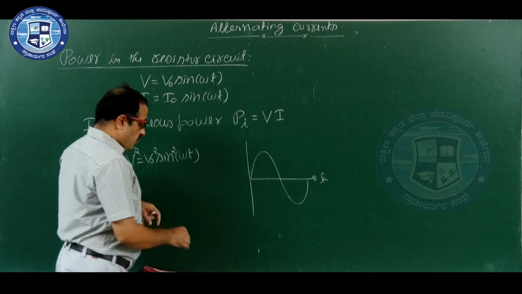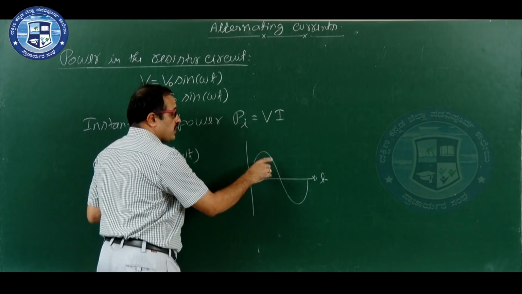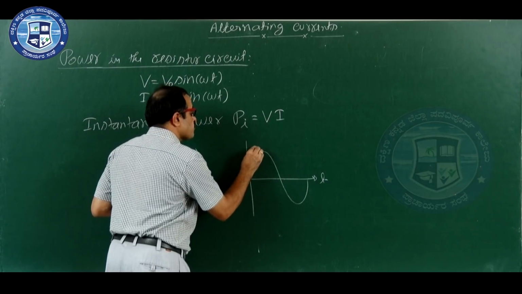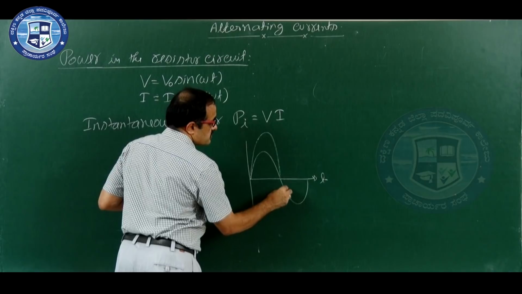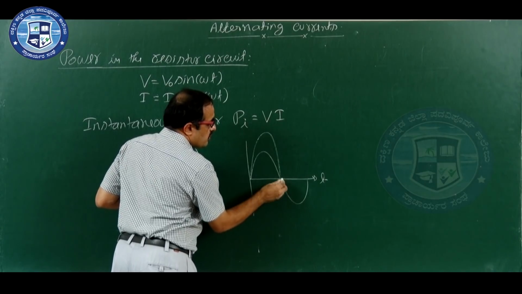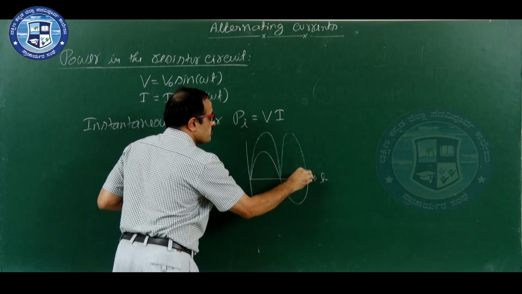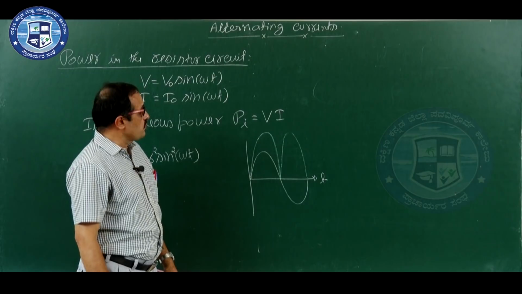Therefore, you have to take every point, every instantaneous value, and square it. The graph of the square value is like this. Even though the value is negative, its square is a positive value.